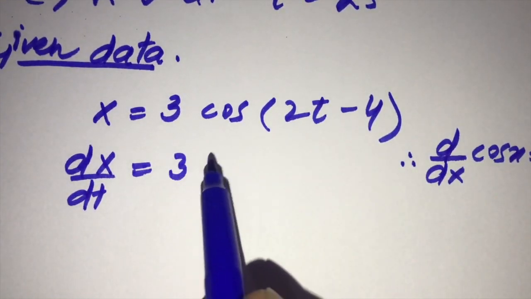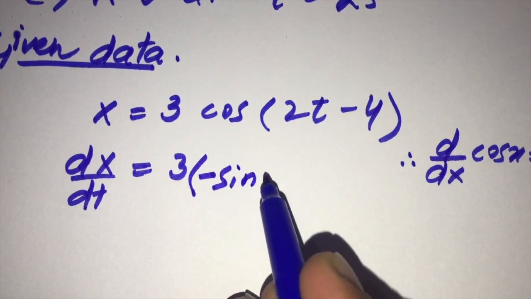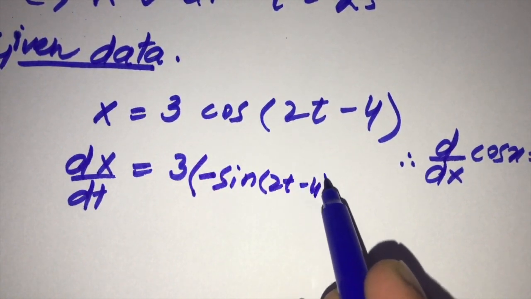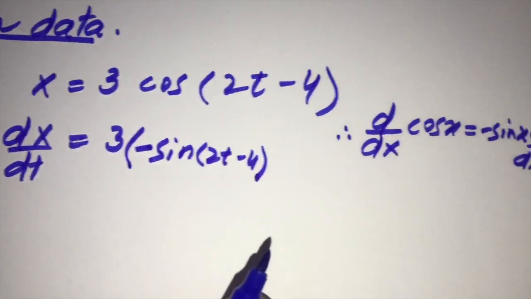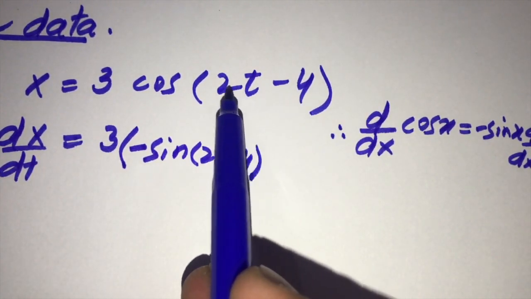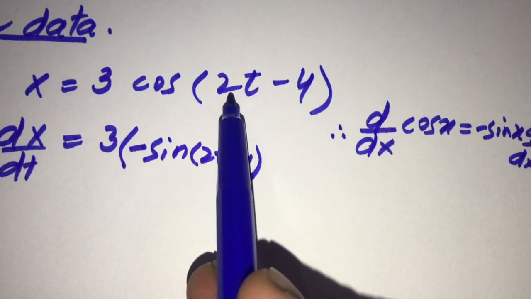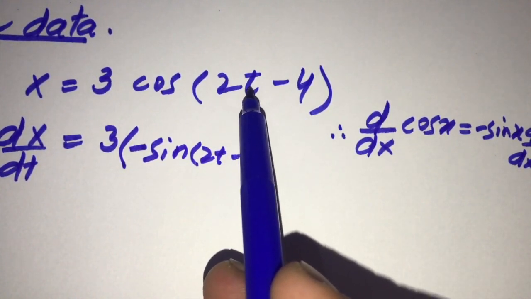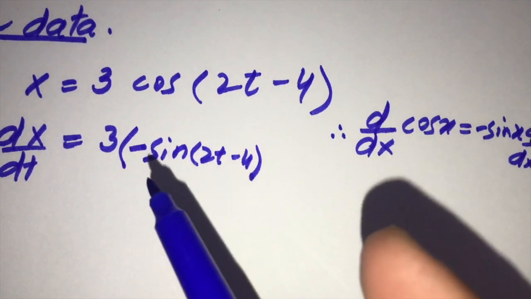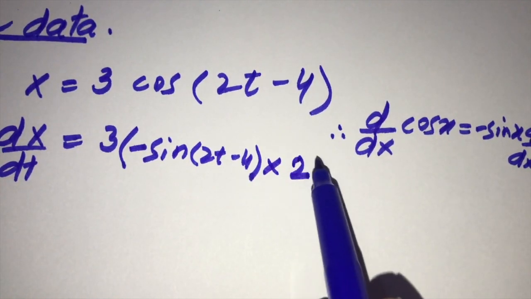So 3 into the derivative of cos is equal to minus sine of 2t minus 4, and we also take the derivative of 2t minus 4, which is equal to 2, because the derivative of a constant number is equal to 0, and the derivative of t with respect to t is equal to 1. So multiply by 2.